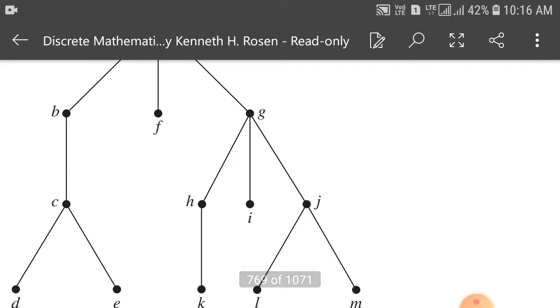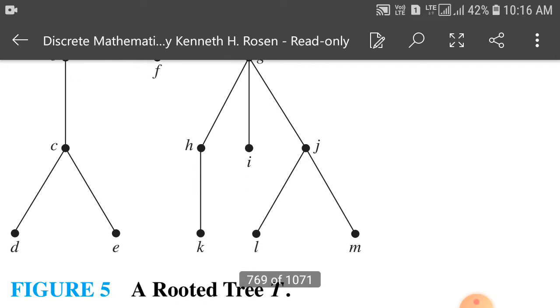Here also, siblings are: find the parent of that particular vertex, then the remaining children of that parent are called the siblings of that particular vertex. So H's siblings are I and J, because for all these vertices G is the only parent. That's why I and J are siblings.